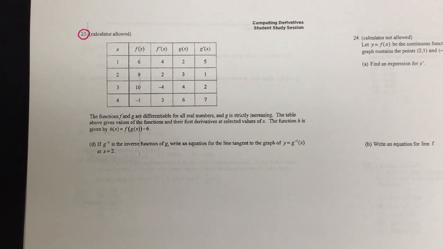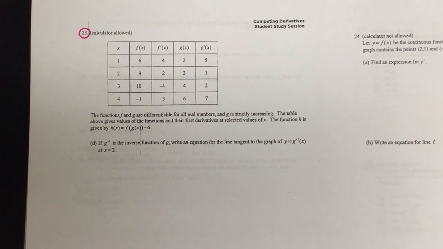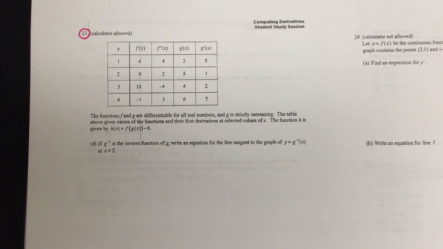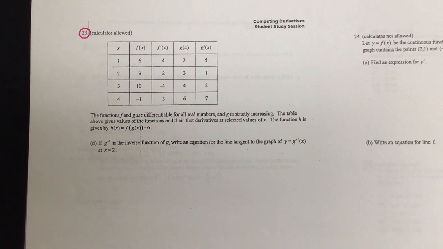The table above gives values of the functions and their first derivatives at selected values of x. Function h is given by h of x equals f of g of x minus 6. If g to the negative 1 power is the inverse function of g, write an equation for the line tangent to the graph of y equals the inverse of g of x at x equals 0.